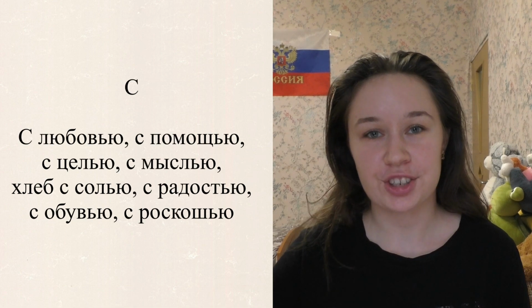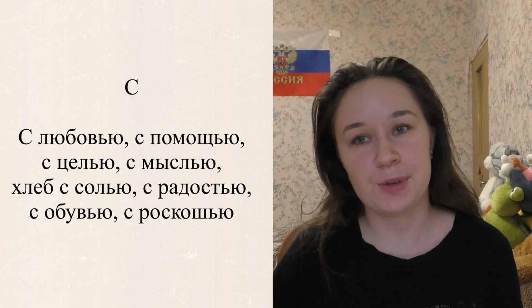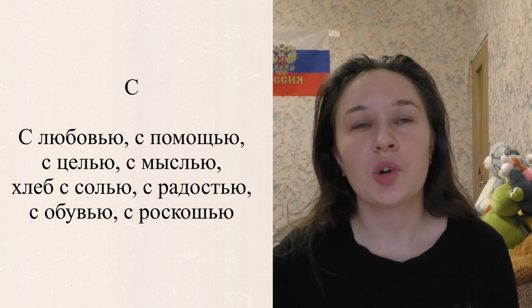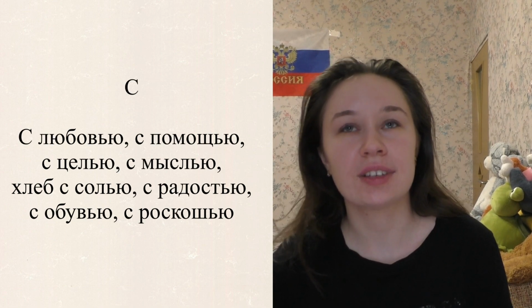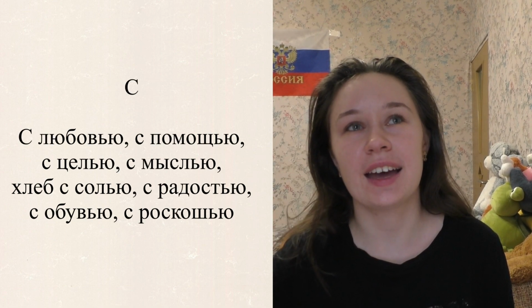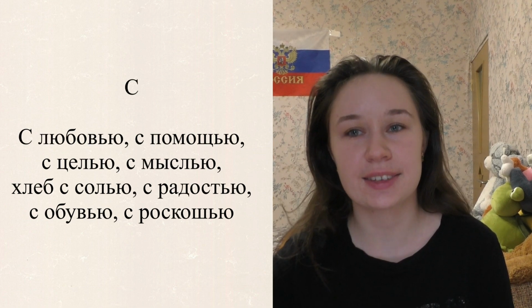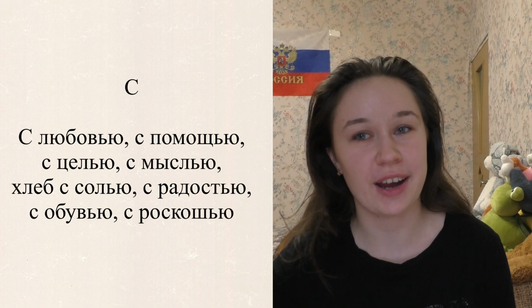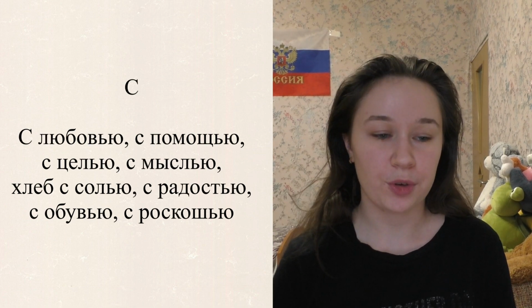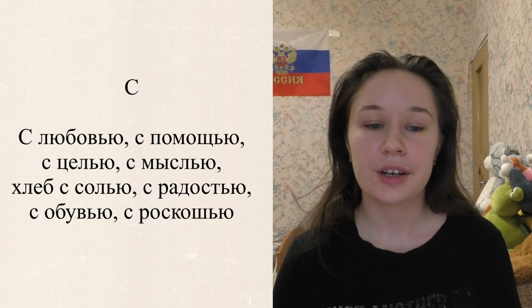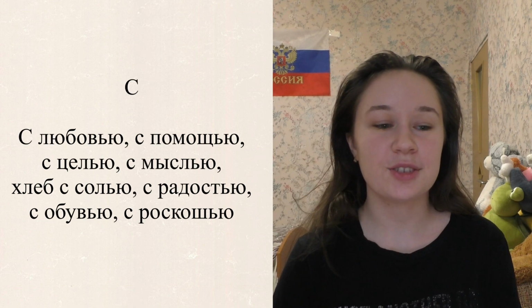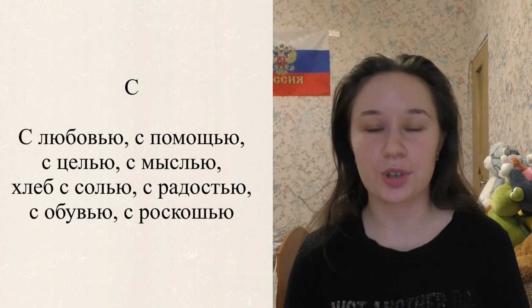And the next function about adding one object to another, in Russian we do it with the preposition with. That sounds like с, just one letter S. С любовью, с помощью, с целью, с мыслью, хлеб с солью, с радостью, с обувью, с роскошью.